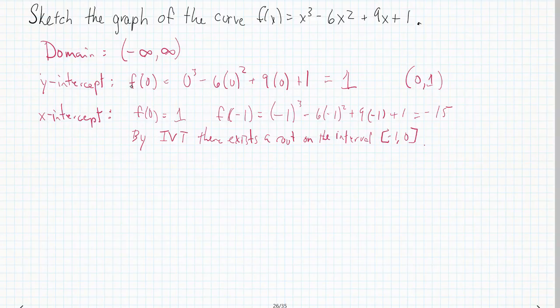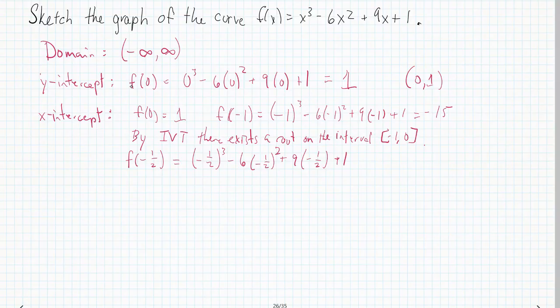If I wanted to be a little bit more precise, the way you can start to get an idea for where the roots actually occur is to plug in the halfway point. Notice now we get negative 1/2 cubed minus 6 times negative 1/2 squared plus 9 times negative 1/2 plus 1. Let's check out what happens here.